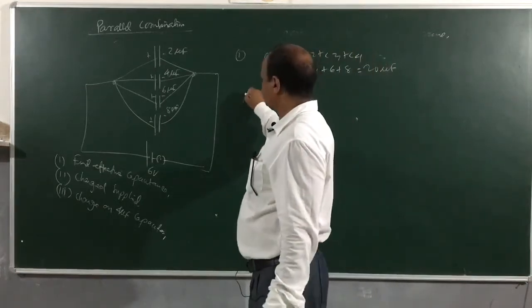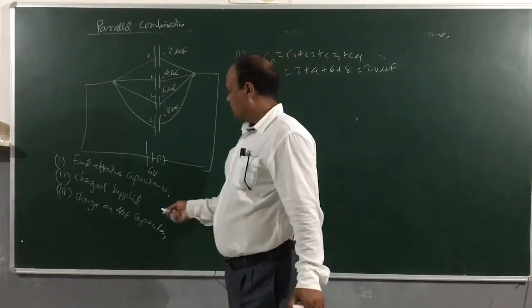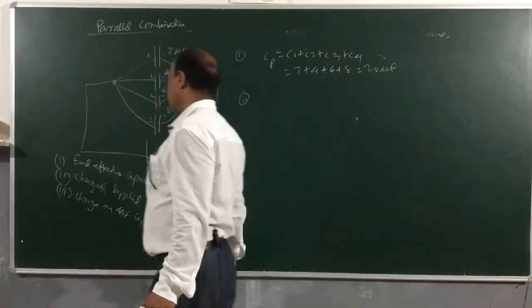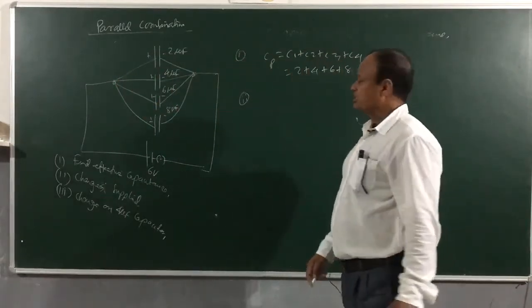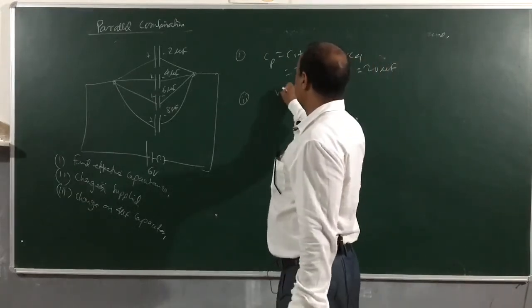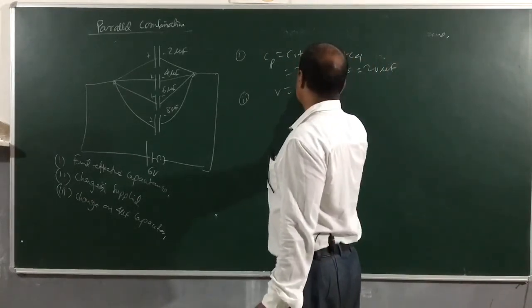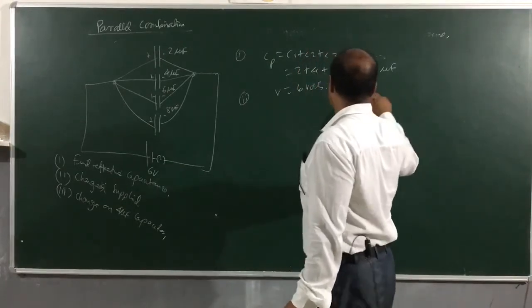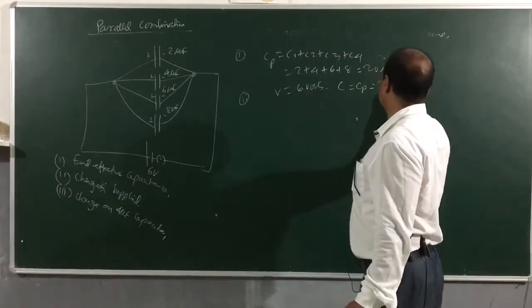Second answer, charges supplied by the battery. So charge supplied by the battery, children, V is how much? 6 volts, and C means Cp is equal to 20 microfarad.